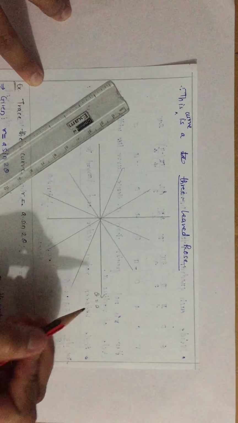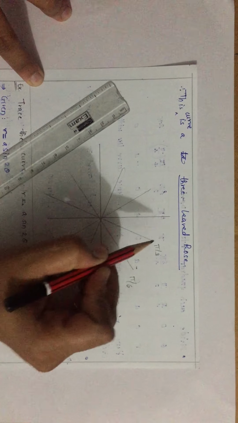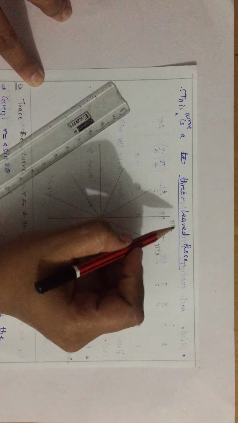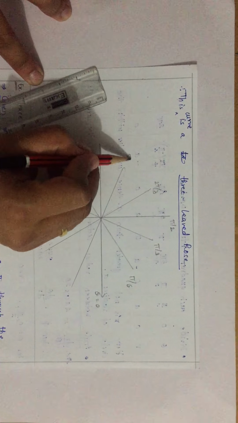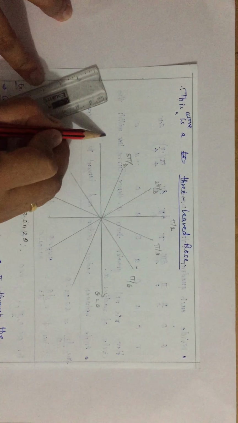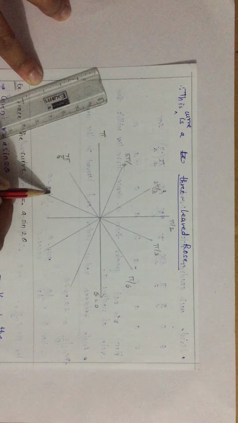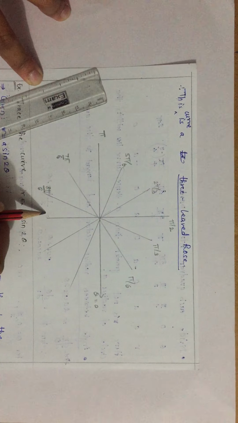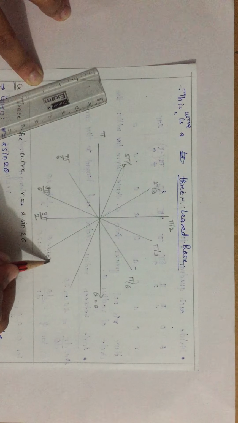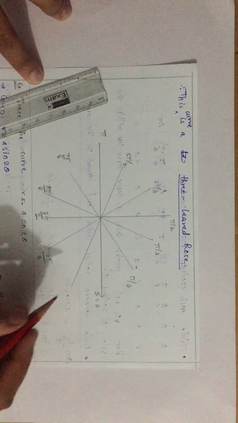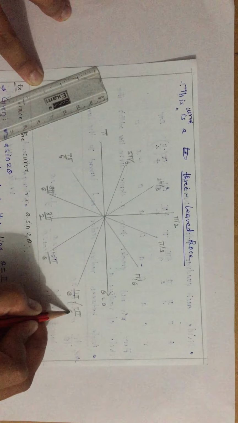This is theta equal to 0, this is theta equal to pi by 6, this is theta equal to pi by 3, this is theta equal to pi by 2, this is theta equal to 2 pi by 3, 5 pi by 6, then pi, 7 pi by 6, this is 8 pi by 6, then this is 9 pi by 6, that is nothing but 3 pi by 2. This is 10 pi by 6, or you can write 5 pi by 3. This is 11 pi by 6, or you can write it as minus pi by 6 also.